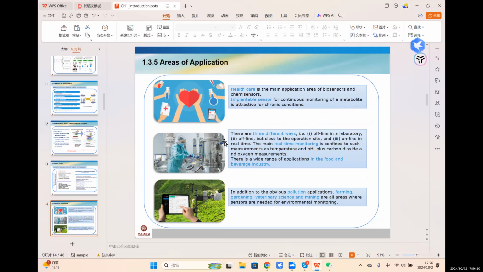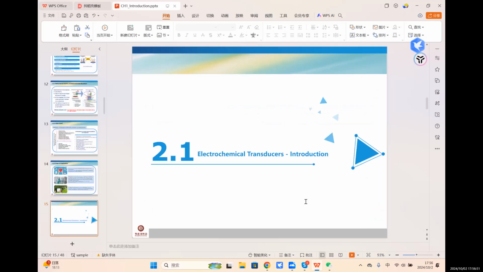And there are areas of application: healthcare in 3 different ways, offline, real-time monitoring, food and beverage industry, and precision farming, gardening, veterinary science, and mining.